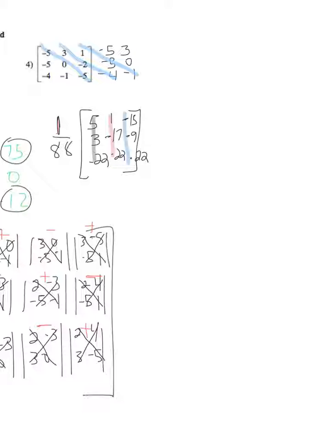So 5 times 0 times 5, that's 0. 3 times, so it's going to be positive, and then it's 6 times 4, so it's +24. So I've got a +24 plus 1 times 5 times 1, so that's going to be +5. Okay, now I'm going to subtract these.